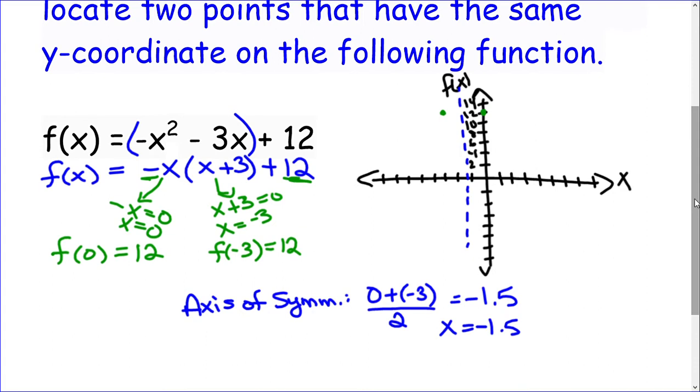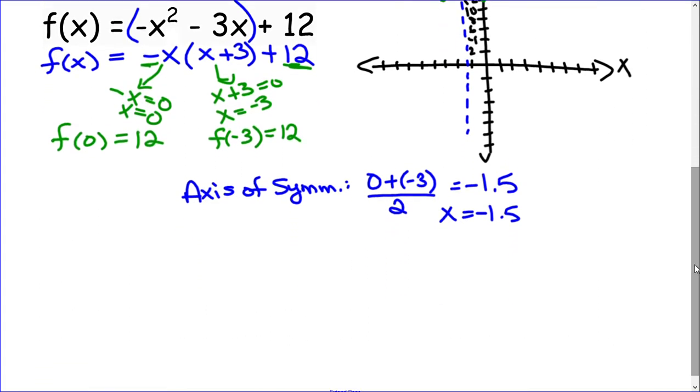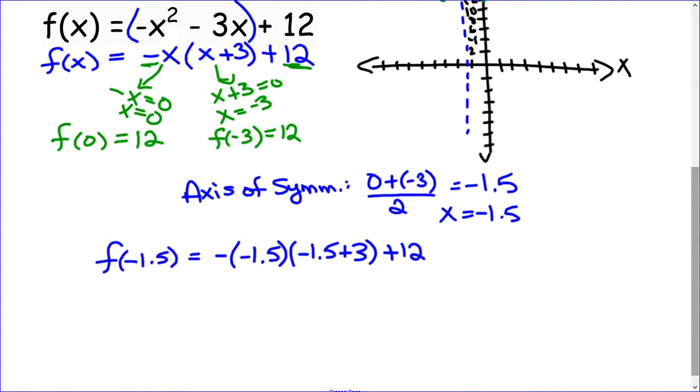So now if I plug negative 1.5 back into our equation, f at negative 1.5 gives me negative, I have to be careful with my brackets, negative, and everywhere there's an x I'm going to put in negative 1.5, negative 1.5 plus 3, plus 12.